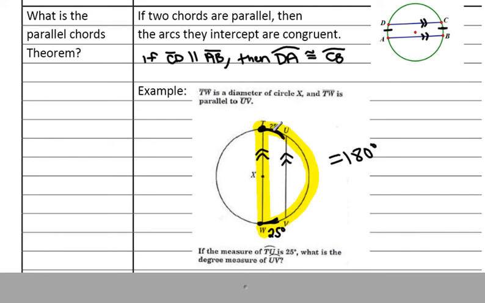And we've already used TU, 25 degrees, so we'll subtract that away from 180. And we've already used WV, another 25 degrees. So the remainder, 180 minus 50 total, is 130. So that's what arc UV is equal to, 130 degrees.